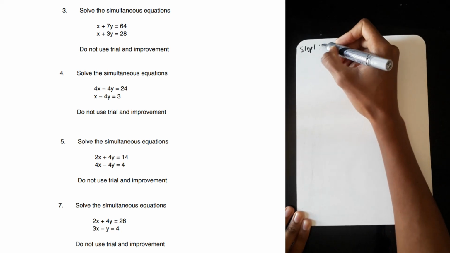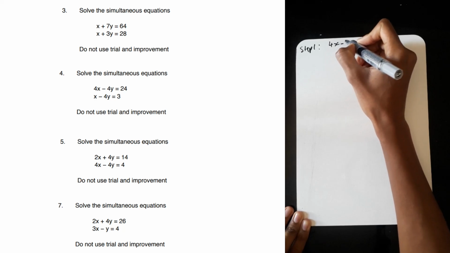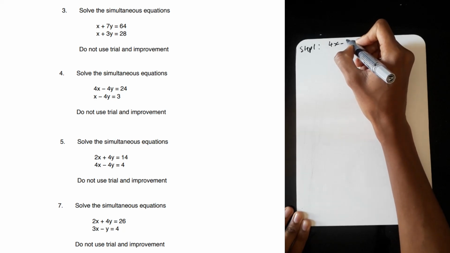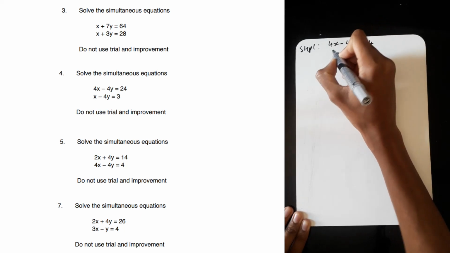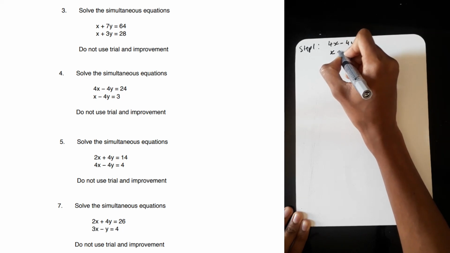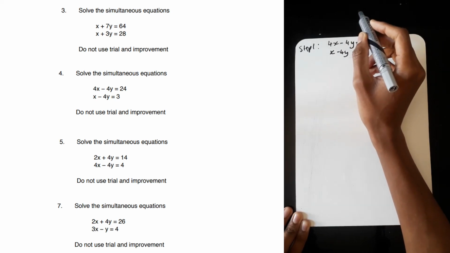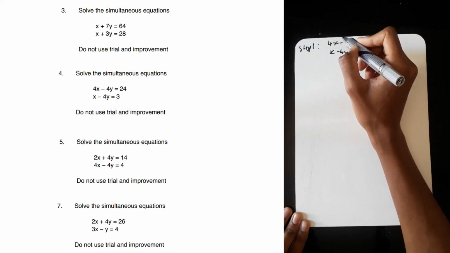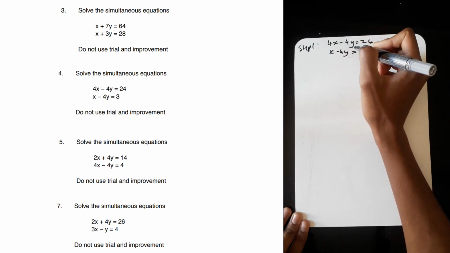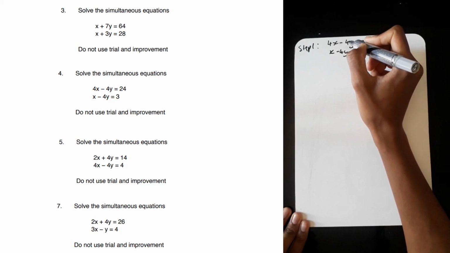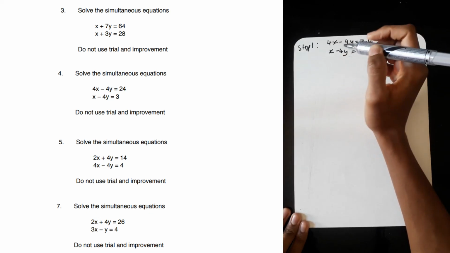So step 1, just start off by writing down the equation. Since this is like a minus, because we're trying to eliminate these ones because they're the same, 4y plus negative 4y will give you a 0.